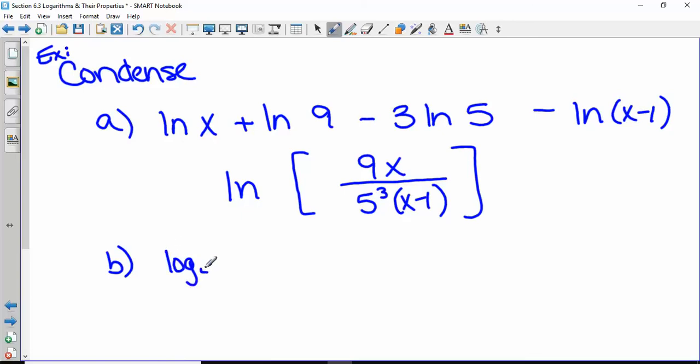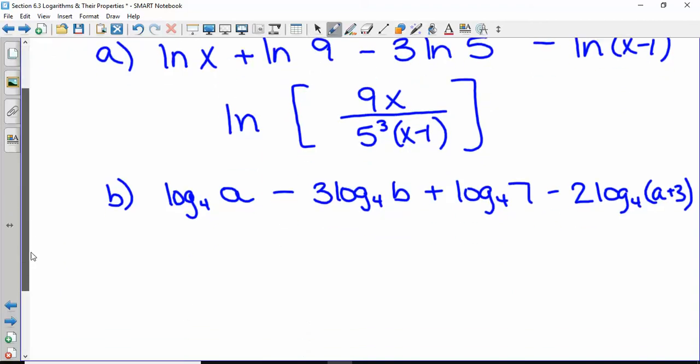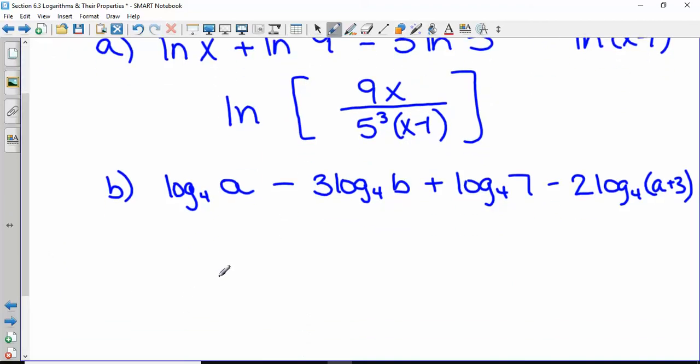Alright, let's say I gave you another one. So if we condense, that means the log base 4 is written one time.